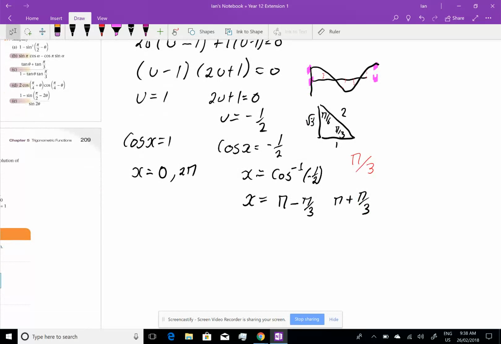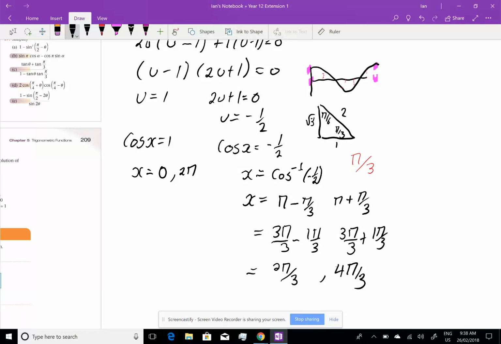If you're having trouble with these fractions, think of it as 3 pi on 3 minus 1 pi on 3, which gives us 2 pi on 3. And this one is 3 pi on 3 plus 1 pi on 3, which gives us 4 pi on 3. I'll just check the answers. Question 19: 0, 2 pi on 3, 4 pi on 3, and 2 pi.